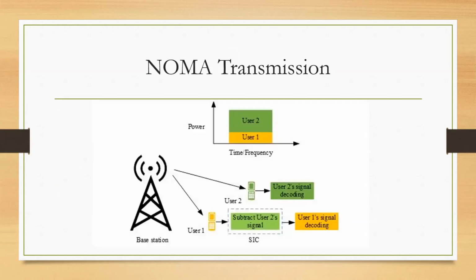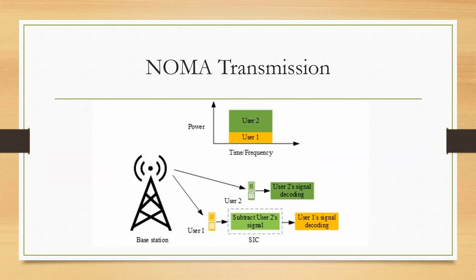So here is a basic NOMA system. Let's suppose there are two users. One is a far user and one is a near user. We'll take user one as a near user, which is in close proximity of our base station, and user two, which is a far user.